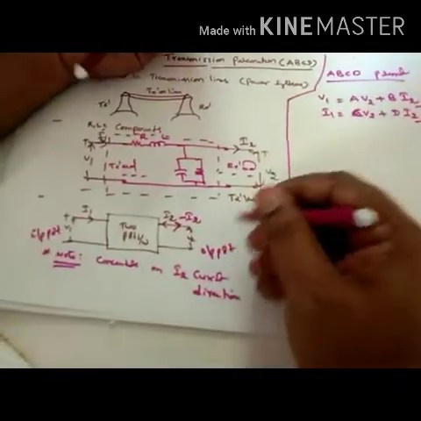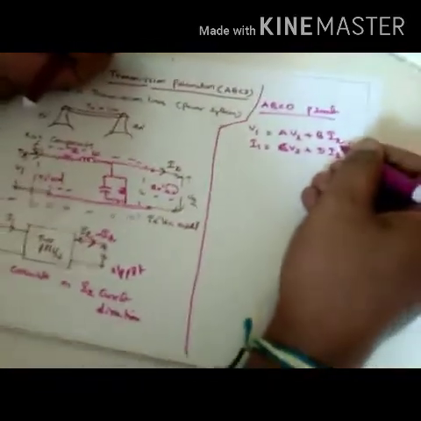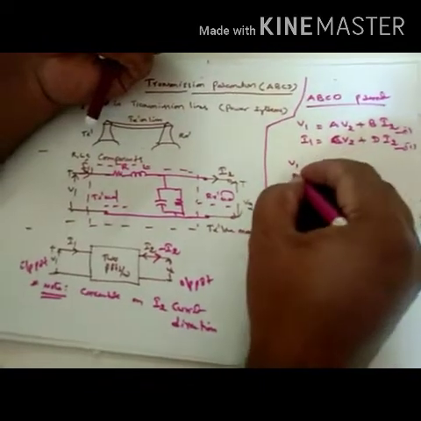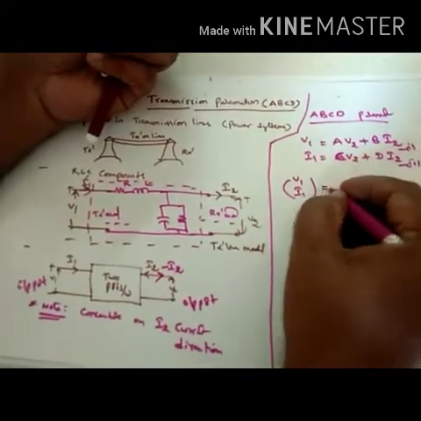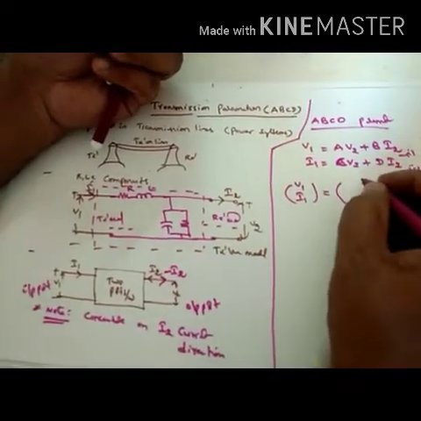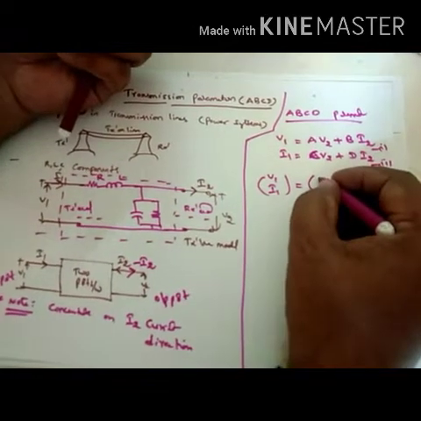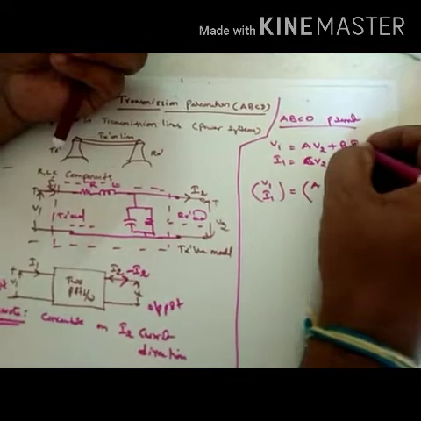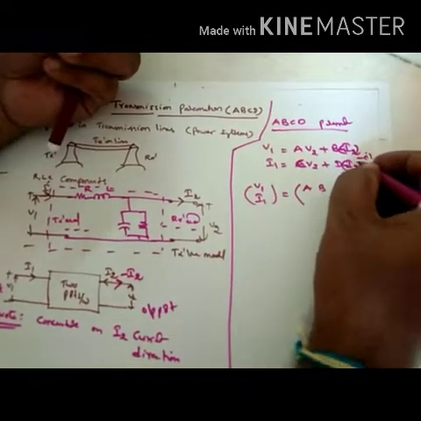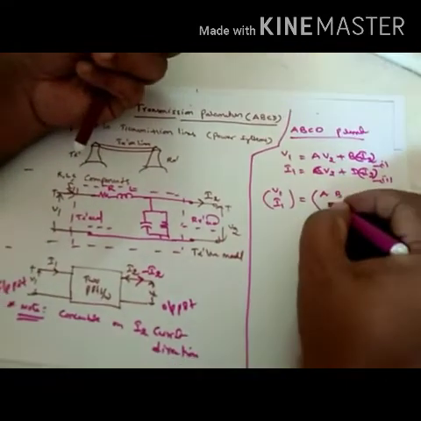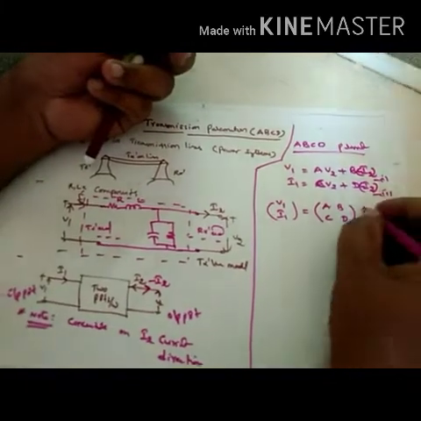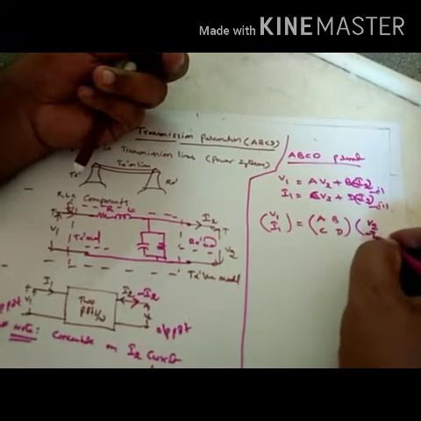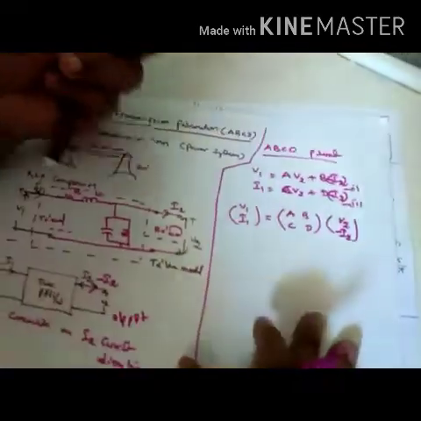But here, considering the direction of current, it can be represented in matrix form: V1 and I1 equal to the matrix A, B, C, D times V2 and minus I2.